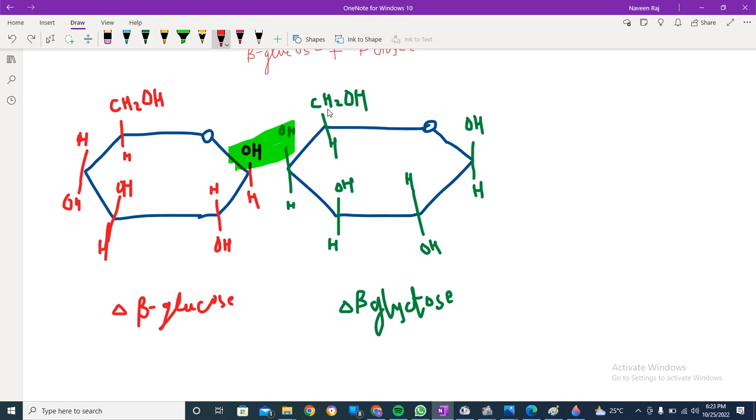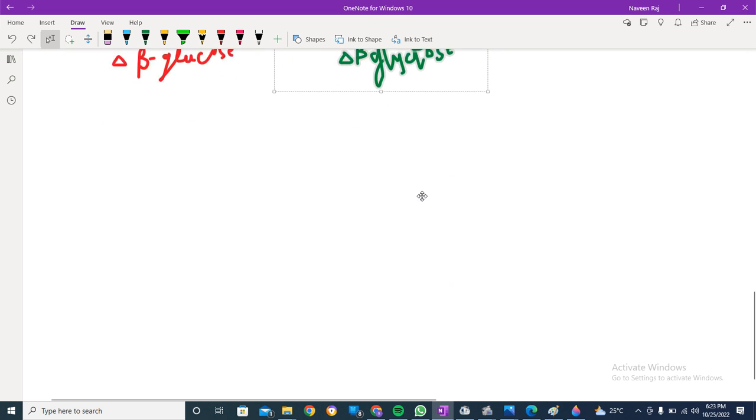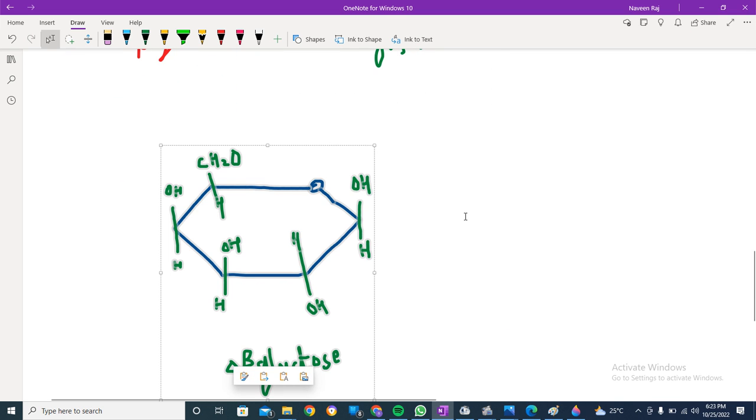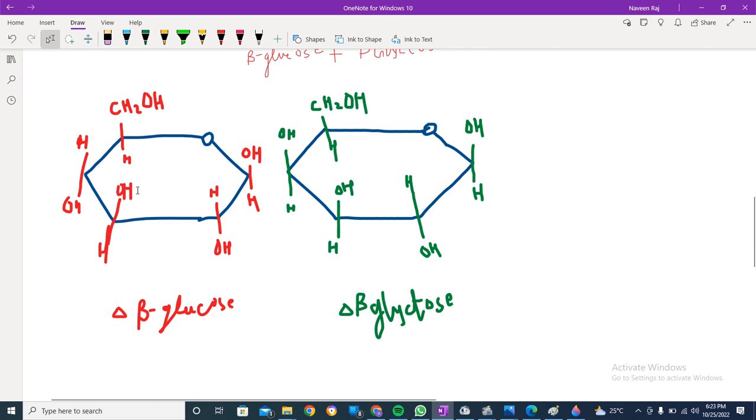Let me introduce that. Copying this, sorry. I'm copying this structure, and first of all this will come over here, and now what I will do is copy this structure.